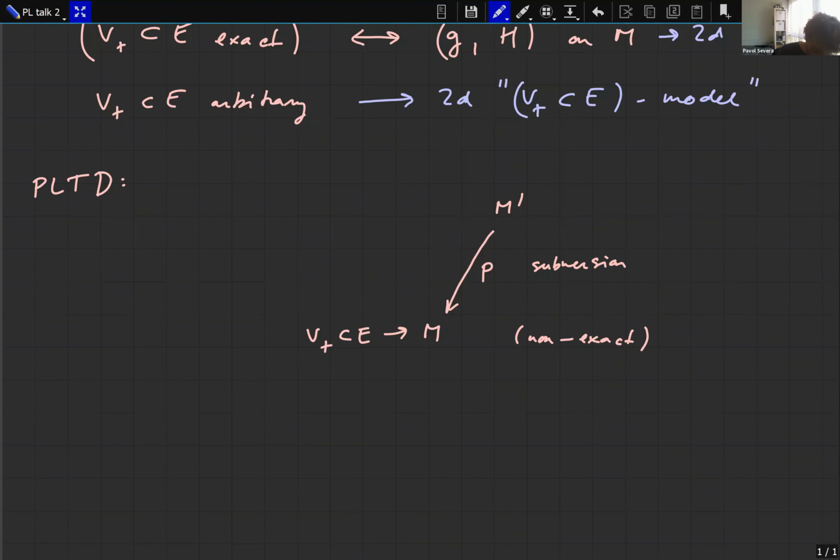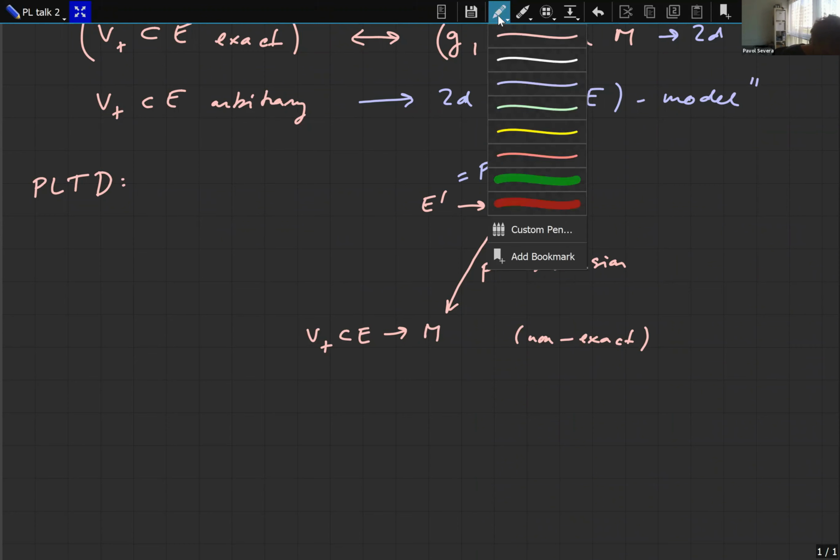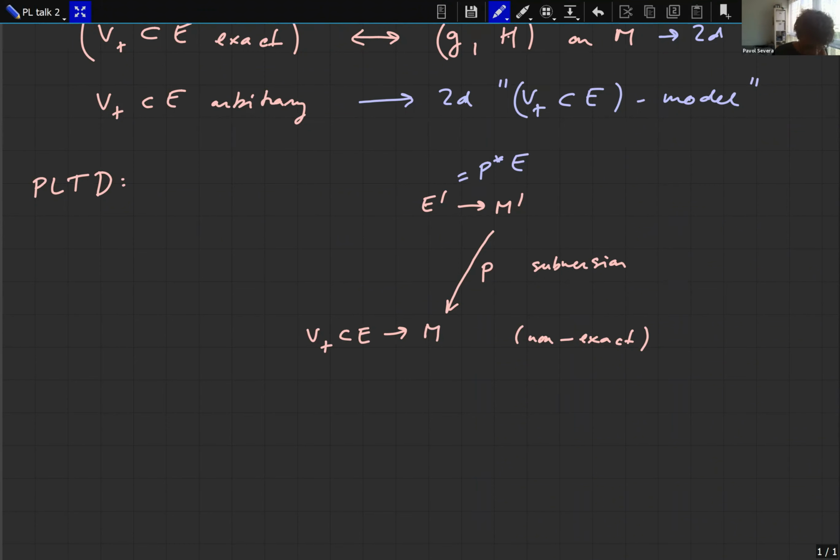And over M prime, we will take just the pullback of E. So let me call it E prime, which is over this. This guy is just P star of E.